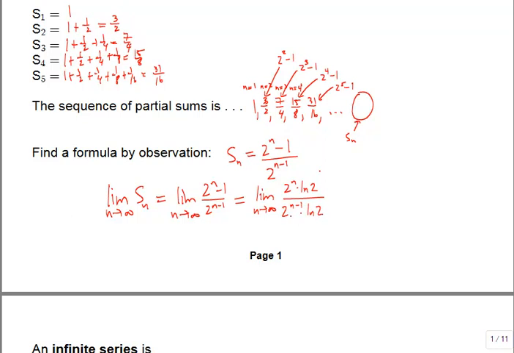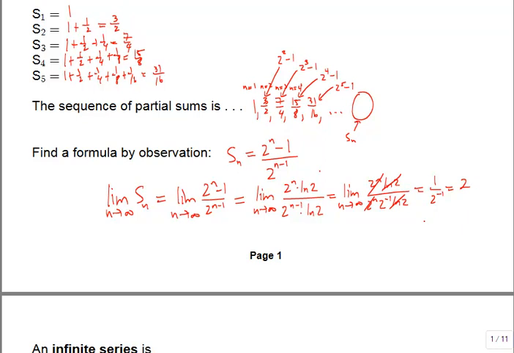Now notice that 2 to the n minus 1, what is that the same as? If we break up that exponent in the bottom, 2 to the n minus 1 is a 2 to the n times a 2 to the negative 1, since if the bases match, you add the powers. So these 2 to the n's can cancel, these ln of 2's can cancel, and 1 over 2 to the negative 1 is the same as 2 to the positive 1, or just 2.